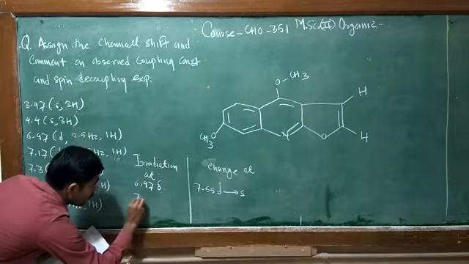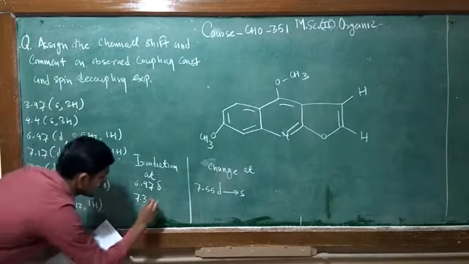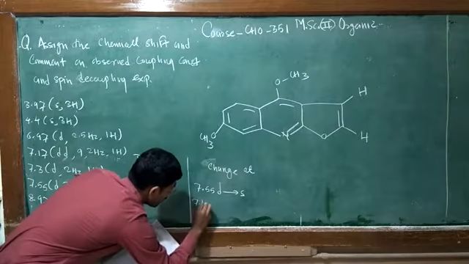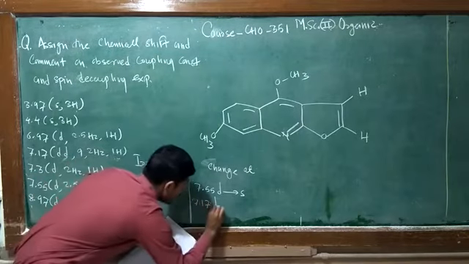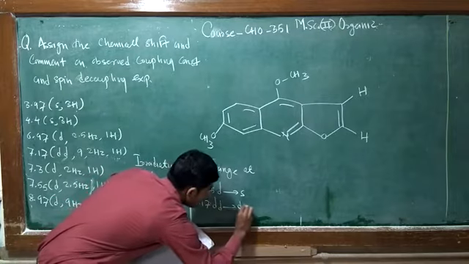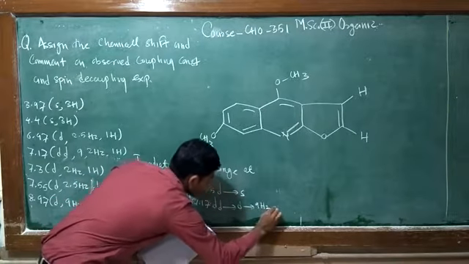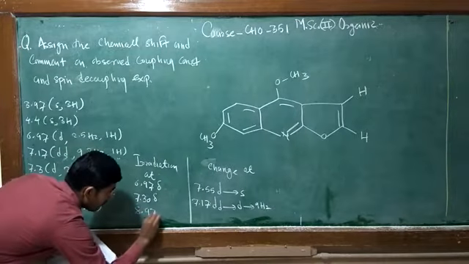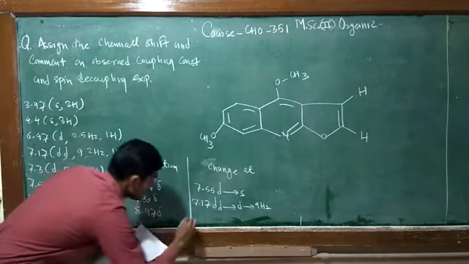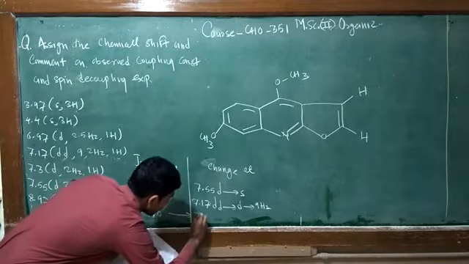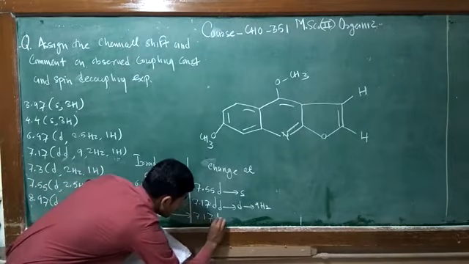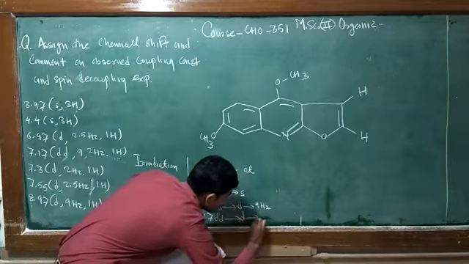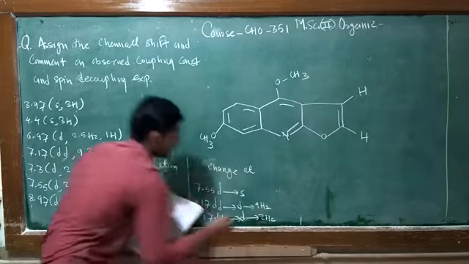Then irradiation at 7.30 delta changes the 7.17 doublet of doublet into a doublet with 9 Hertz. And last, irradiation at 8.97 doublet changes the 7.17 doublet of doublet into a doublet with 2 Hertz.